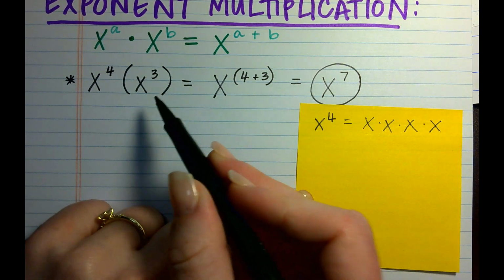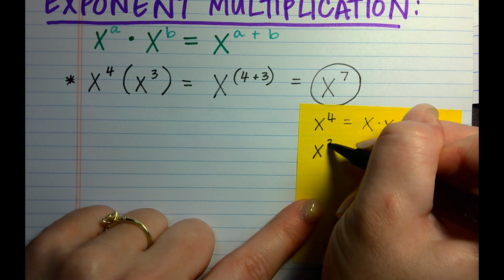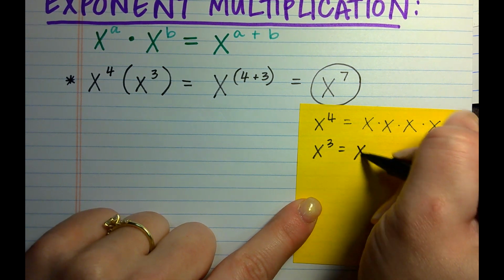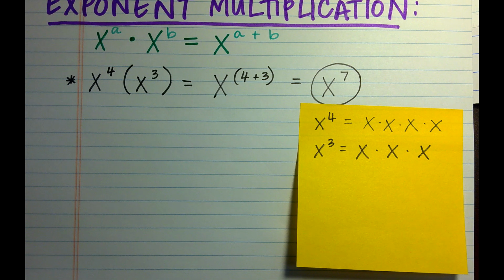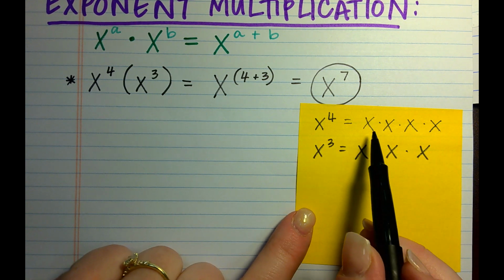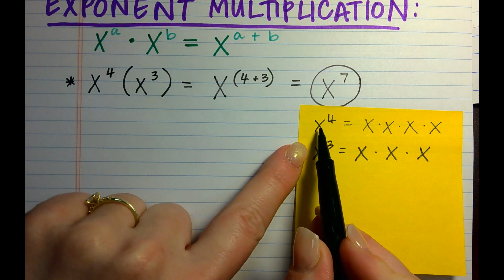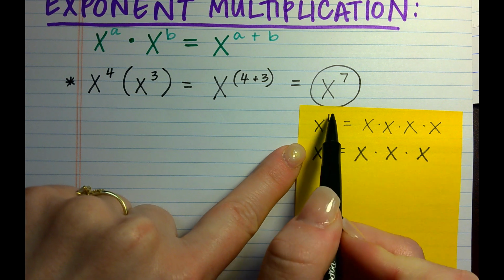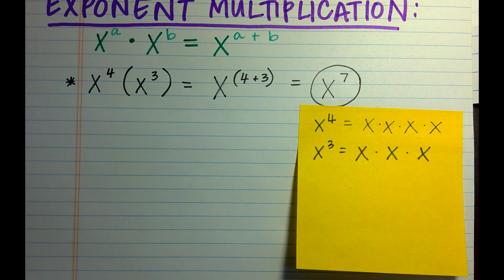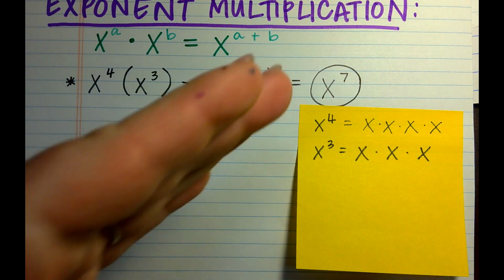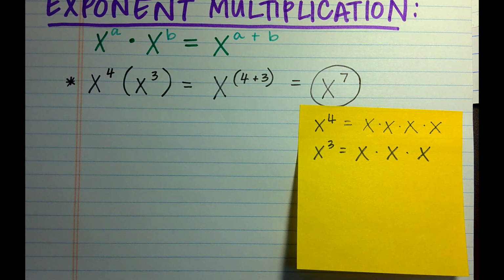We can also think of x to the 3rd power as x times x times x. So if I am doing x to the 4th times x to the 3rd, I'm going to show you how we can replace that with all of these x's written out, and it will make it very clear how x to the 7th power is our answer rather than x to the 12th power, for example.